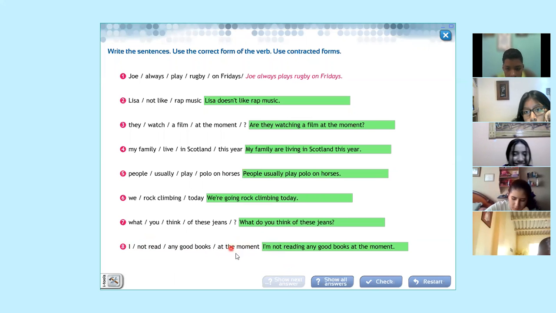Remember that at the moment is only a temporary situation. In temporary situations, the verb is in the ing form, present progressive. And you said, I'm not reading any good books at the moment.